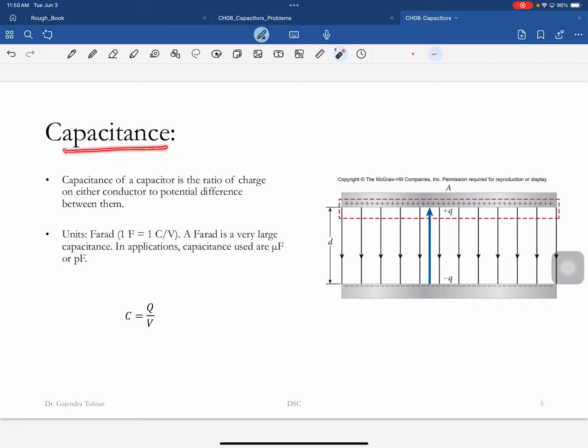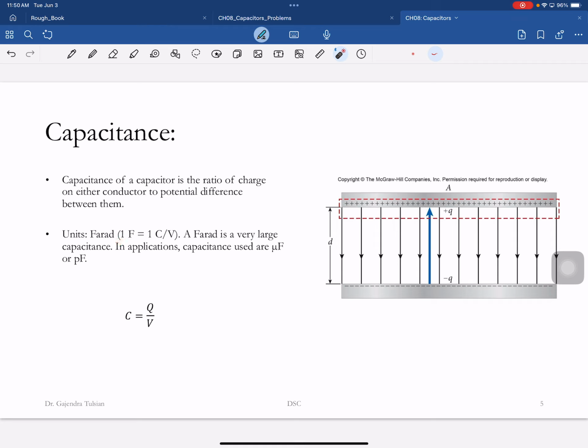The capacitance of a capacitor is how much charge it can hold per volt. Okay? The more charge it can hold per volt, the greater the capacitance. The units for capacitance are farads, in honor of Mr. Faraday.